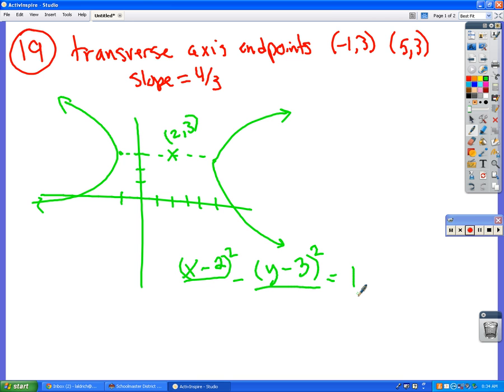And then since the slope is 4/3, what's b and what's a? b is 4 and a is 3, so this is going to be 16 over 9. What's the length of the transverse axis?